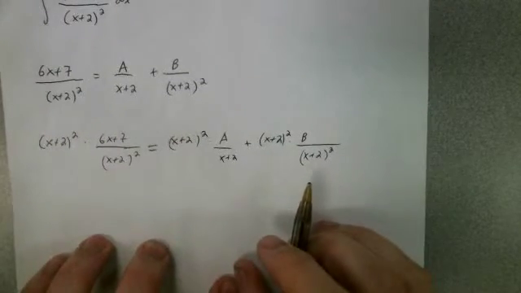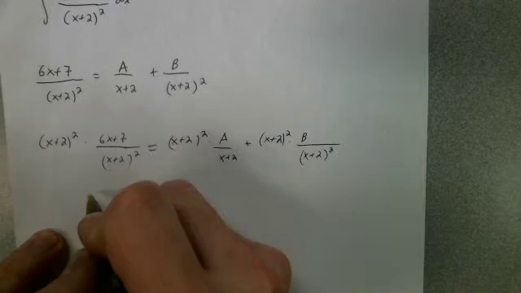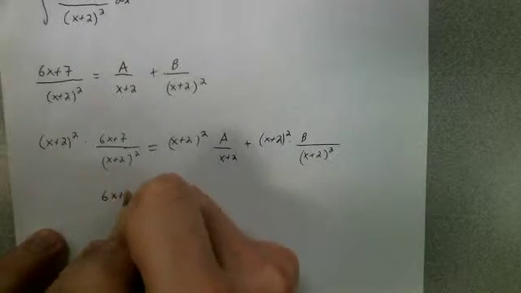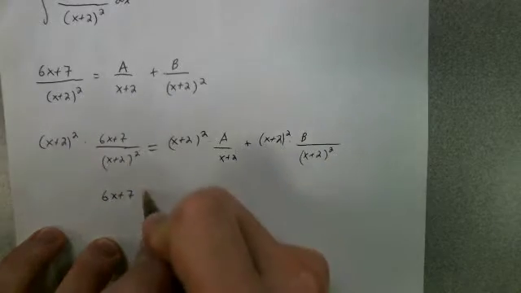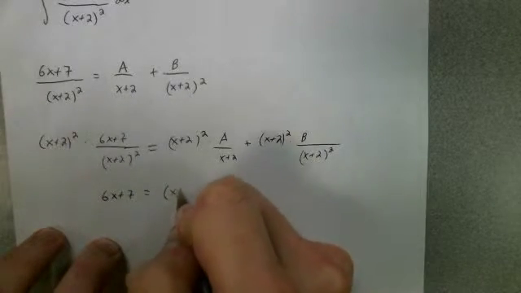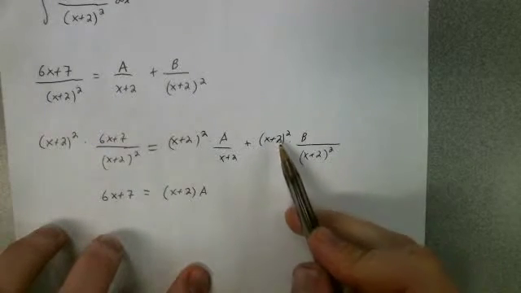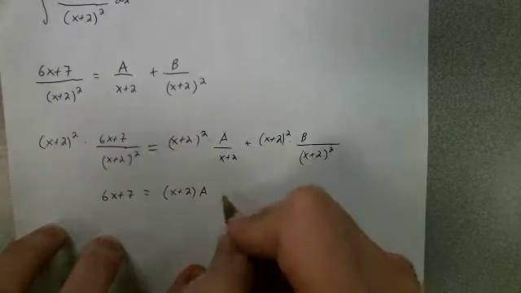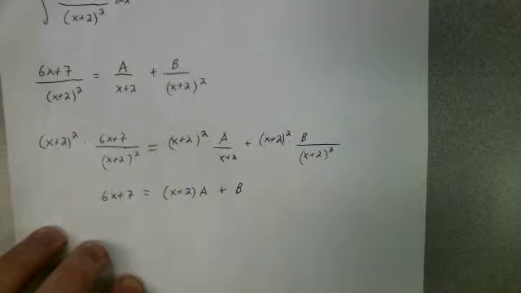All right, so now I can do some canceling. (x + 2) squared divided by (x + 2) squared, those guys are gone. (x + 2) squared divided by (x + 2), one of them crosses off. Just left with (x + 2) times A. Over here, (x + 2) squared crosses off with that (x + 2) squared. All right, and I'm left with this.